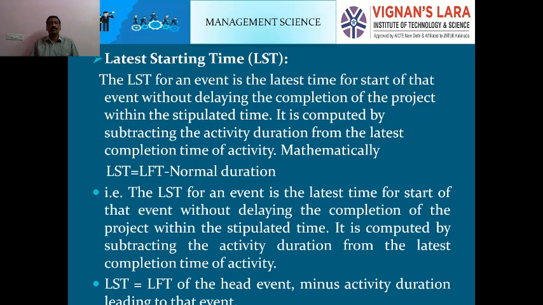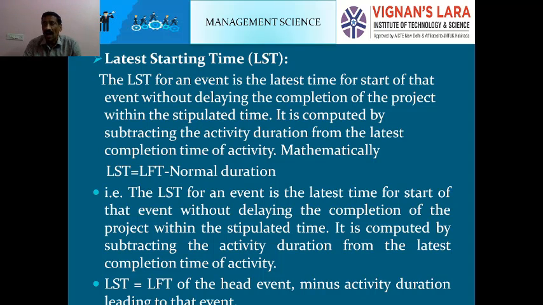Latest starting time. It is a time which can be estimated at the precedence event. That is, as I said, 1 to 2, 2 to 3. At 2 event, latest starting time. At 3 event, latest finishing time. The latest starting time of an event is the latest time to start that event.